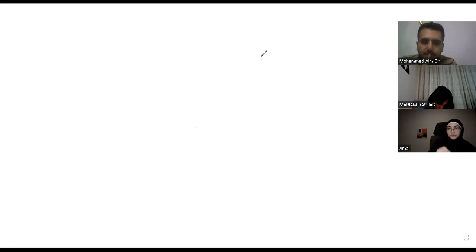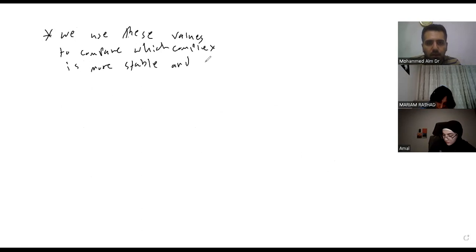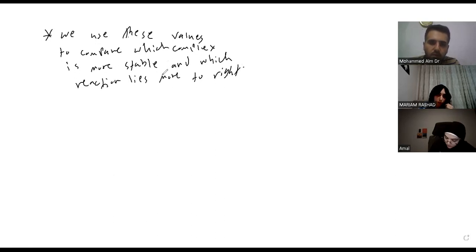The note says, we use these values to compare which complex is more stable and which reaction lies more to the right.